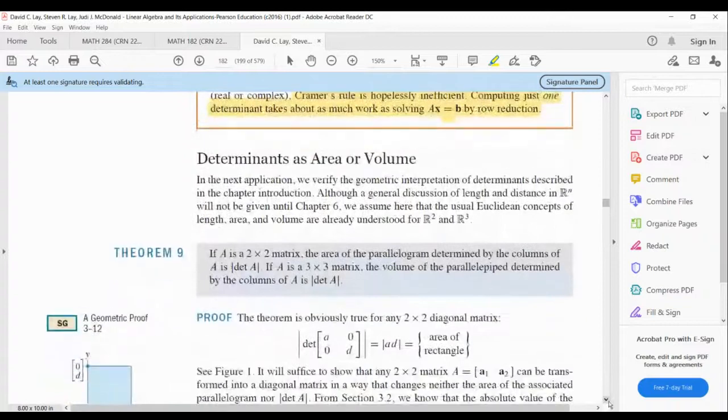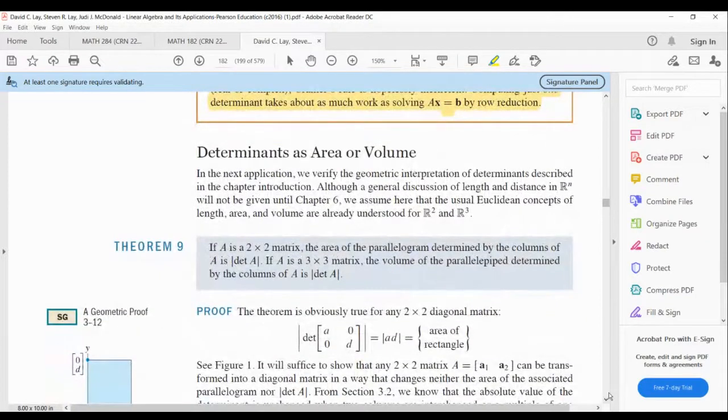All right, so determinants are area or volume.